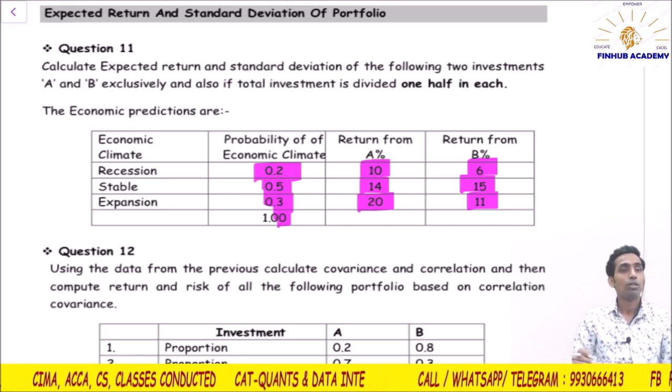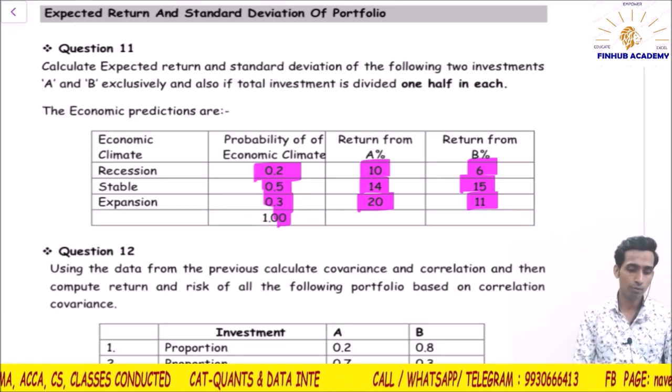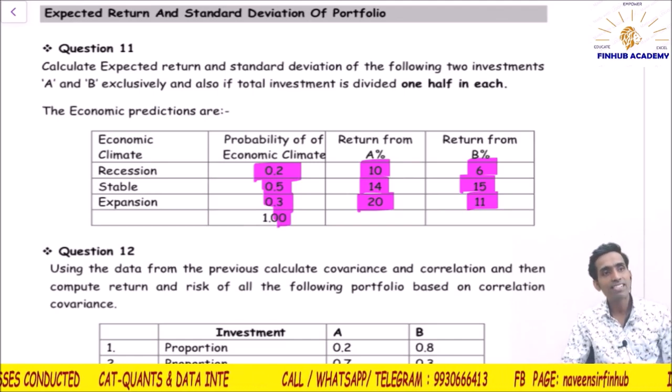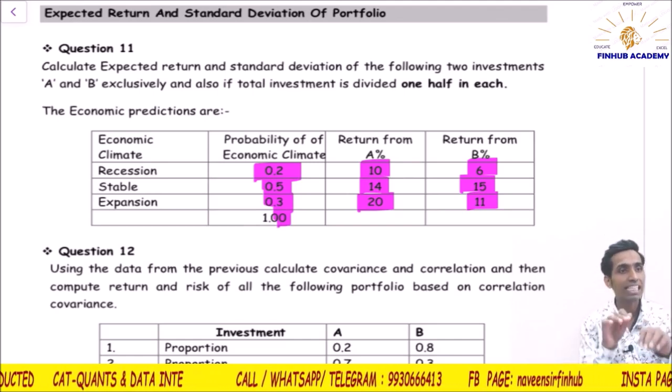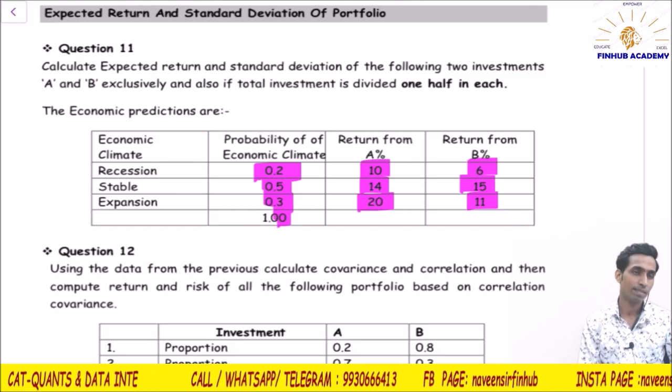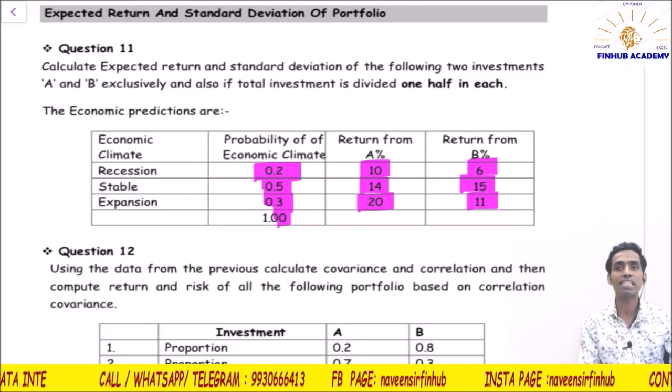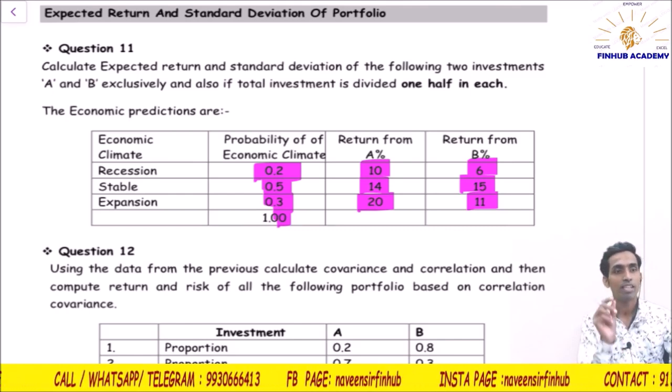So listen carefully. Covariance can't be calculated between three things, because it is co-variance.